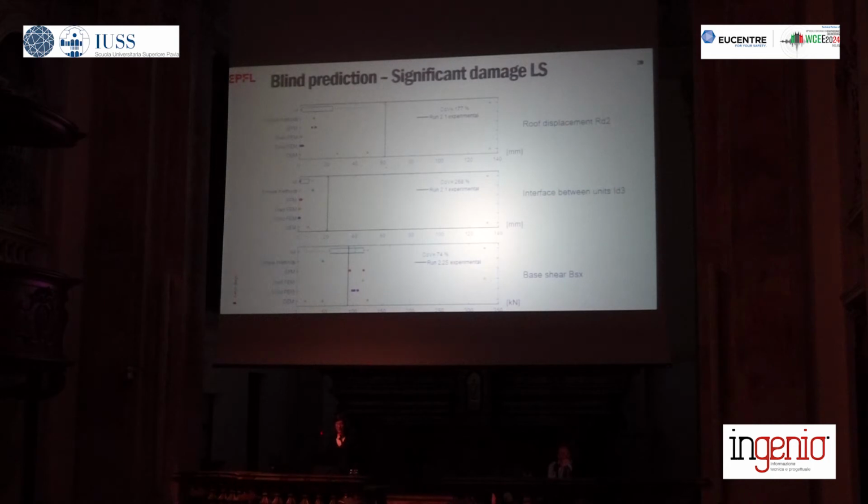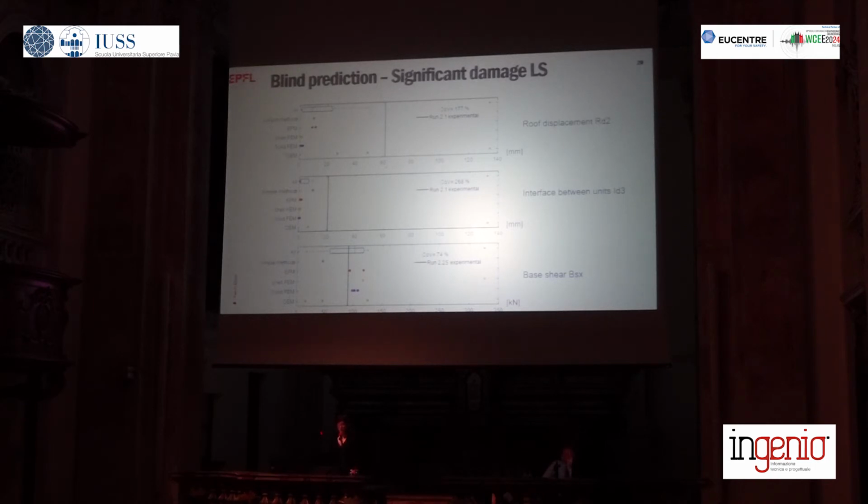Those models, as I said, including ours, underestimated the displacement demand considerably. That applied to the roof displacement, and in particular also to the interface displacement. On the base, the picture is a little bit different. There, the finite element models perform better than the discrete element models.